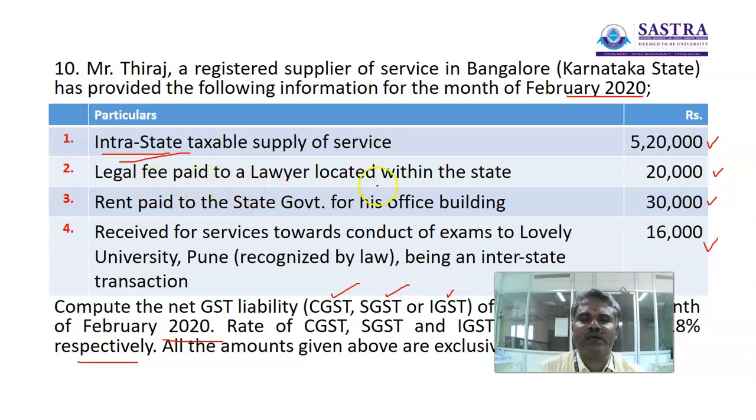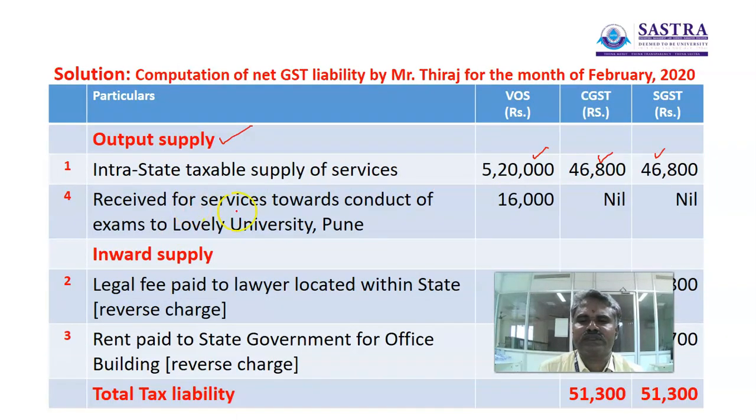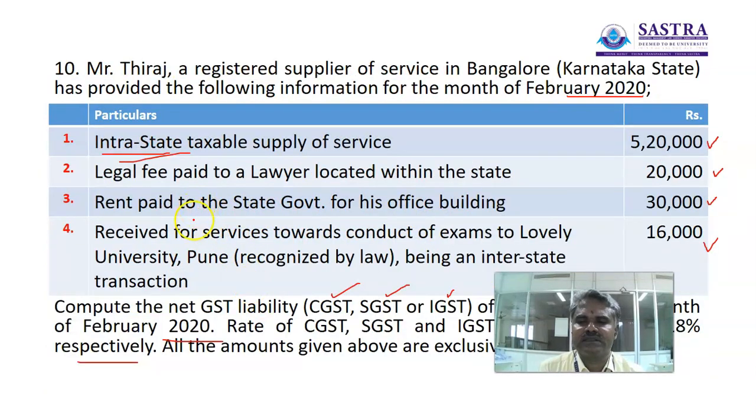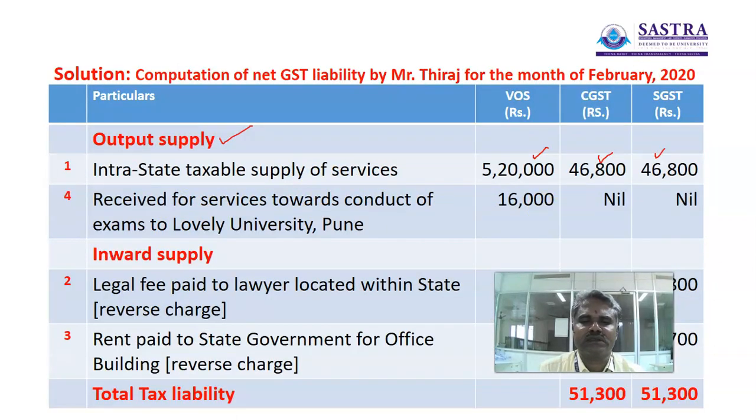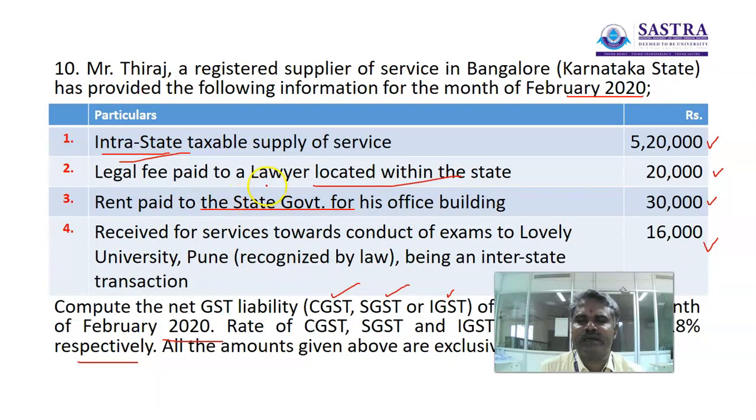Fees paid to lawyer located within the state is an inward supply. Lawyer inward supply, so 20,000, 9%. Because fees paid means here we avail benefits. So inward supply. This is outward supply. Rent paid is also inward supply. These two are inward. They are outward.